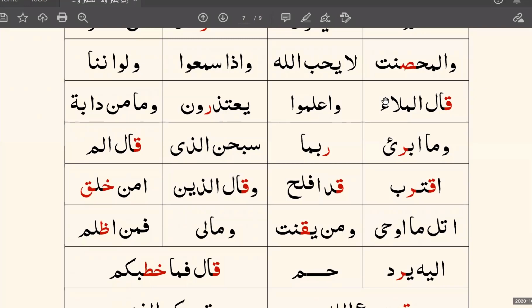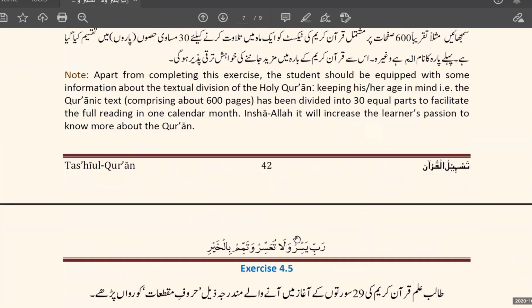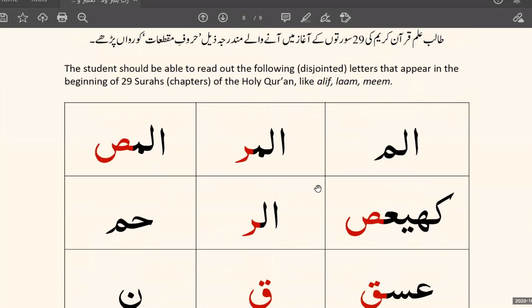And this is the case with ha, ba, ra, simple. And in this exercise, in some other surahs, like column 1, line 2, these kaf, ha, ya, ain, sad, when we read that in full extent, this has come in the beginning of Surah Maryam.